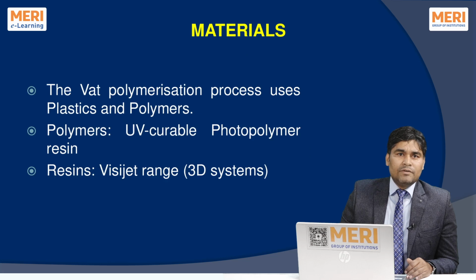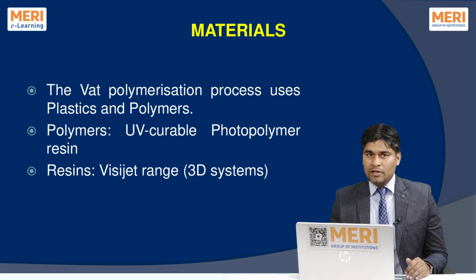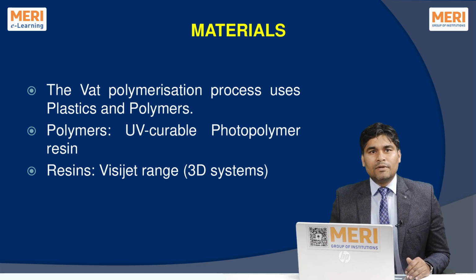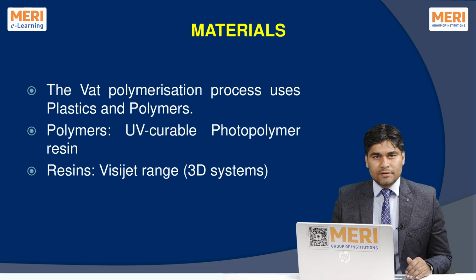Now let us briefly discuss the materials used in wet photopolymerization. This process mainly uses plastics and photopolymer based materials as the raw material for printing. The most commonly used material is UV curable photopolymer resin, which hardens when exposed to ultraviolet light during the printing process.